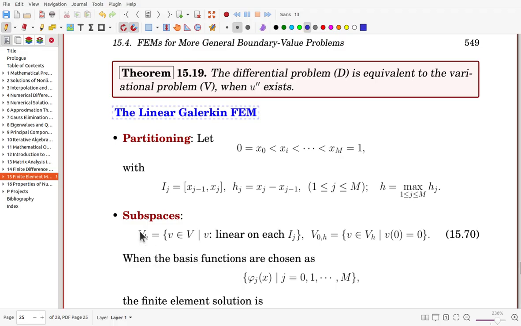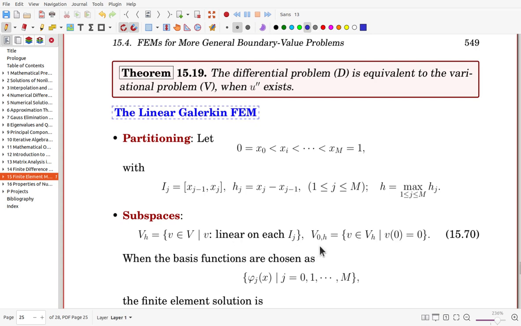Now, V_H is the set of functions in V that are locally linear. On each subinterval, the function is linear because we are dealing with linear Galerkin, linear FEM, so it must be linear.